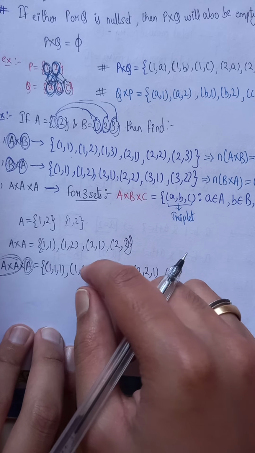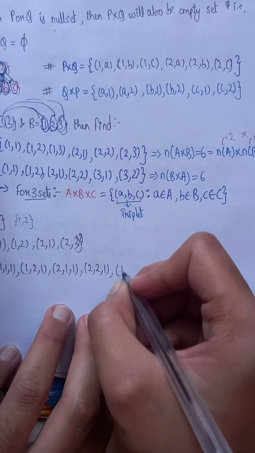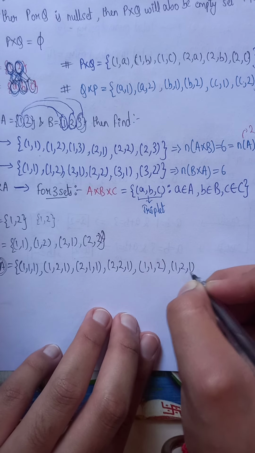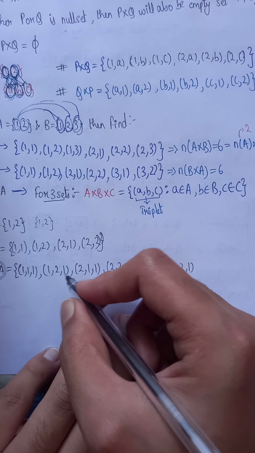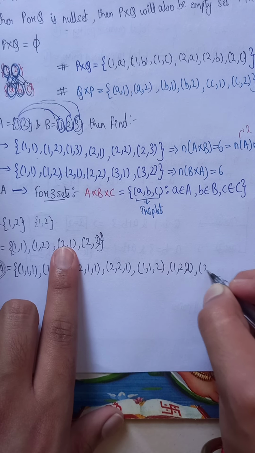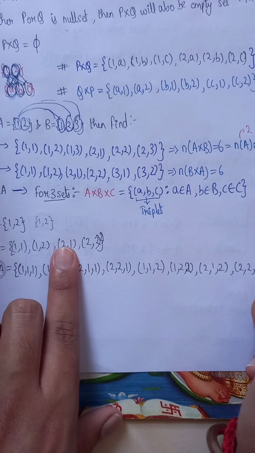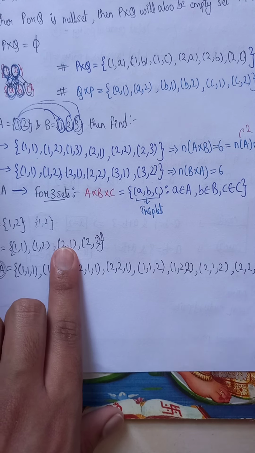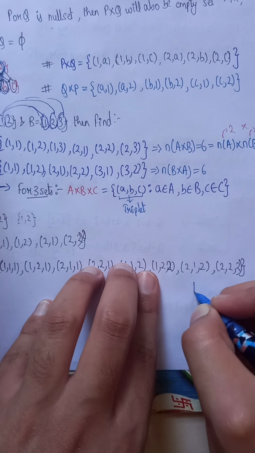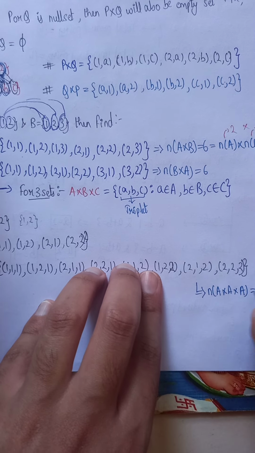First we wrote 1 comma 1 comma 1, 1 comma 2 comma 1. Now we need to calculate for 1 comma 1 comma 2, 1 comma 2 comma 2, next 2 comma 1 comma 2, then 2 comma 2 comma 2. Okay, so in this case, the number of elements in set A cross A cross A is 8.